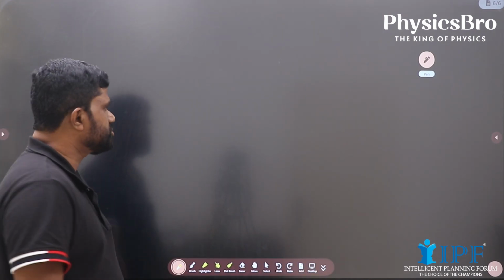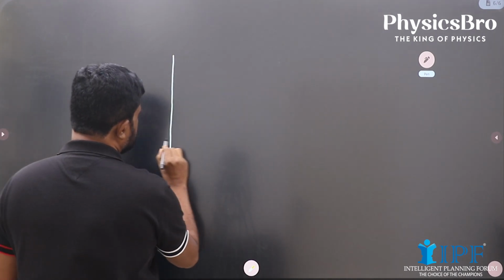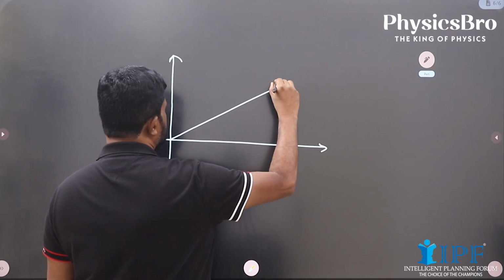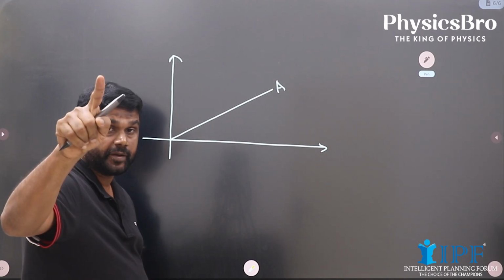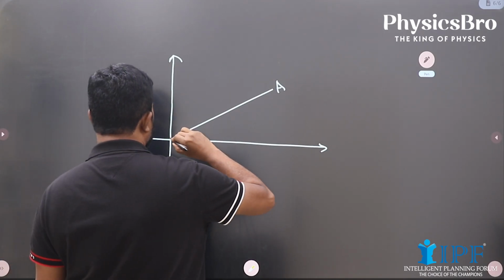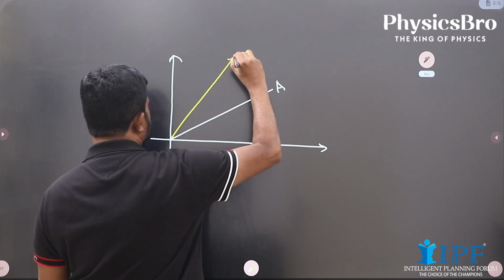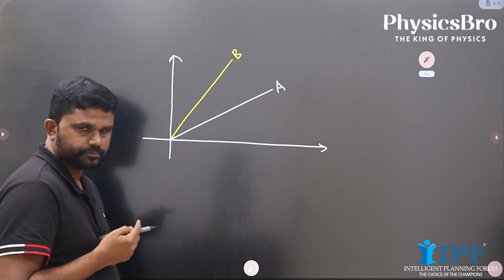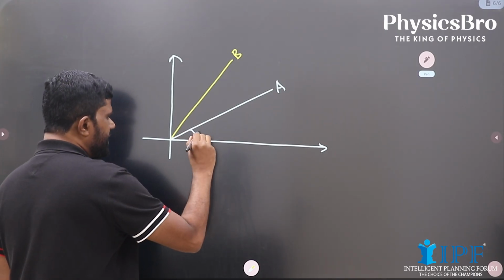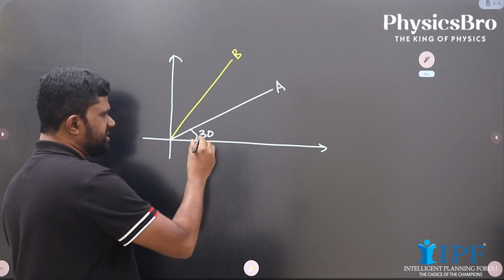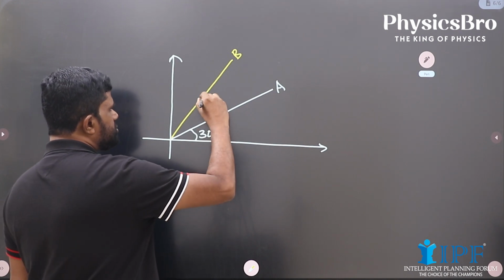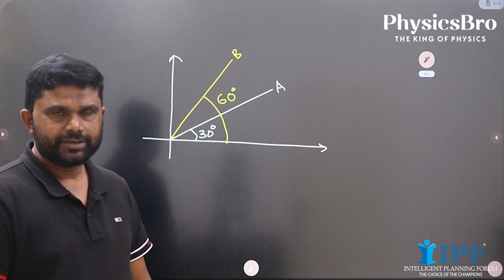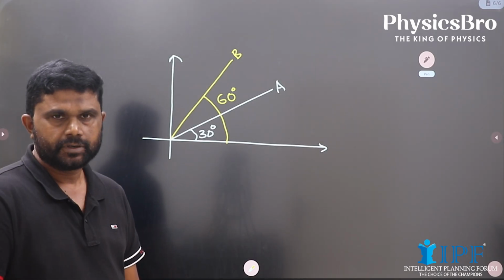Now, children, see, the question may be like this. This is the position time graph of a particle A, and this is the position time graph of a particle B. The position time graph of particle A is inclined at an angle 30 degree with the positive x-axis, and that of particle B is inclined at an angle 60 degree with the positive direction of the x-axis.